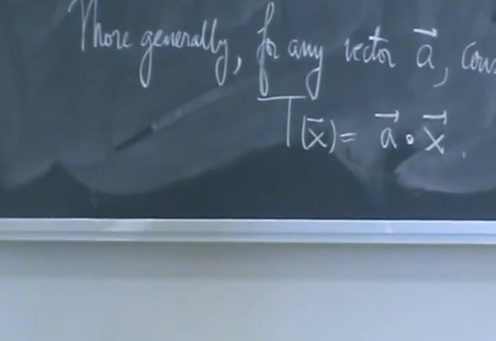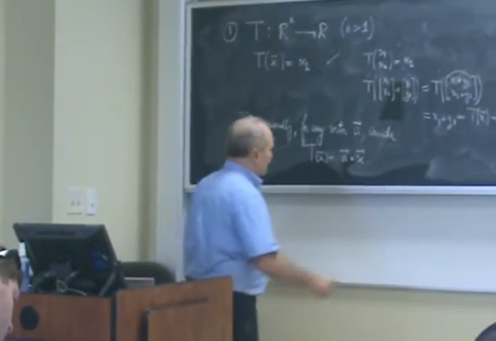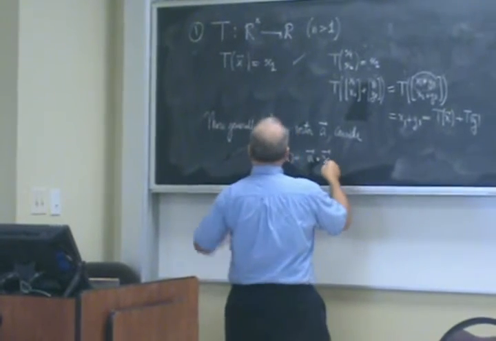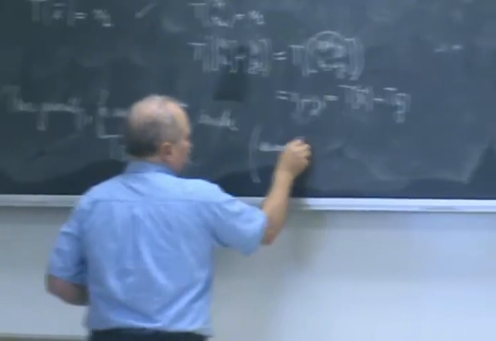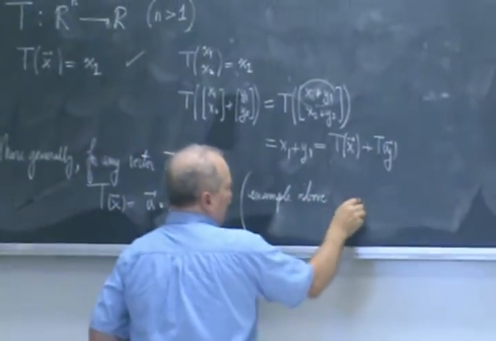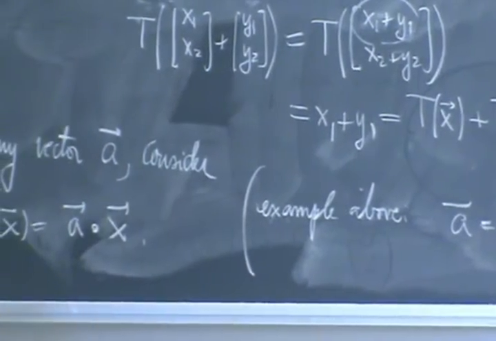Comment? Yeah, so in the first one, you're just doing the dot product of what we called earlier E1. Good. Yeah, so you guys are right on it. So this example is the example of this with A equaling the first standard basis vector, E1, 1, 0, 0, 0.